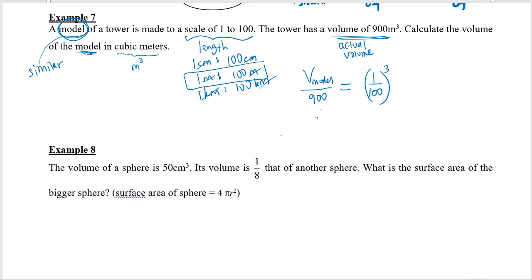So in this case, to find the volume of the model, I will just be using 1 over 100 cubed multiplied by 900 to obtain the volume of the model in meters cubed or cubic meters. Please go and do the calculation on your own.